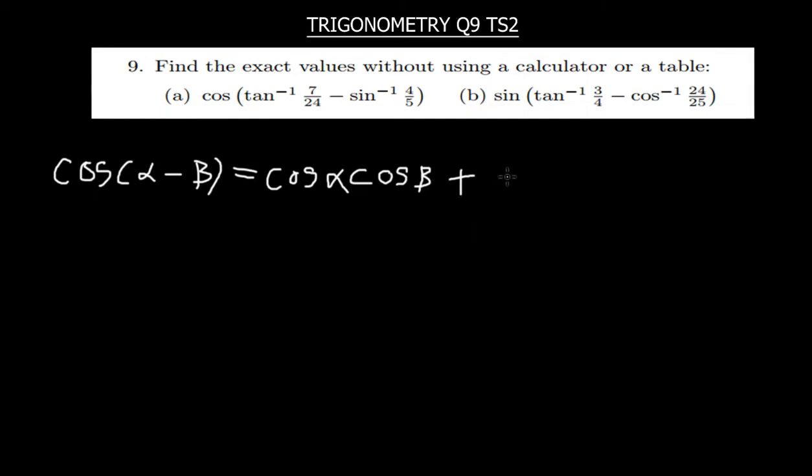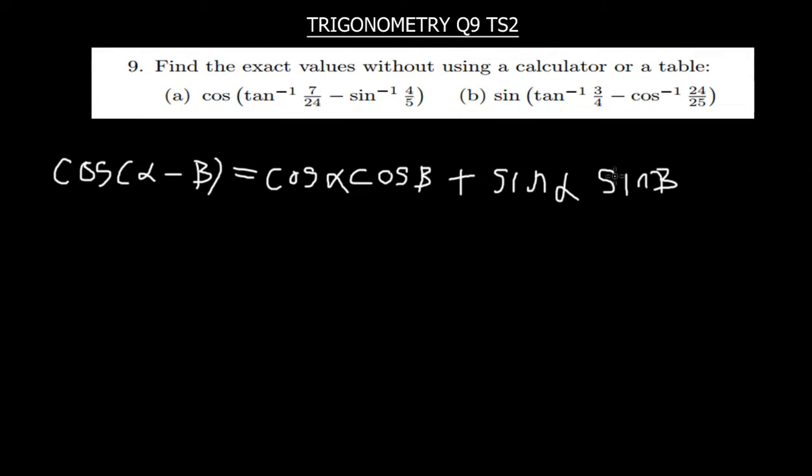And then this side you have only sine, so this will be sine alpha, sine beta. So this will be cos alpha cos beta plus sine alpha sine beta.